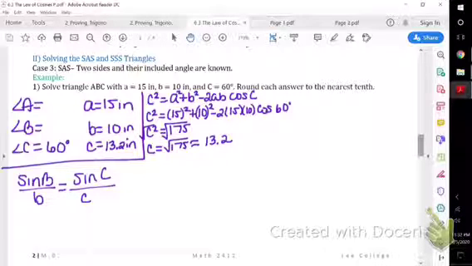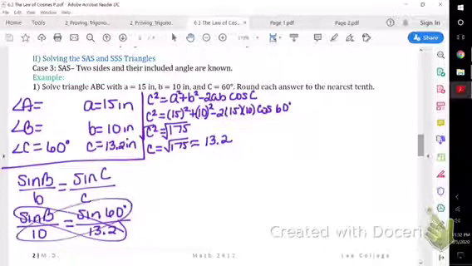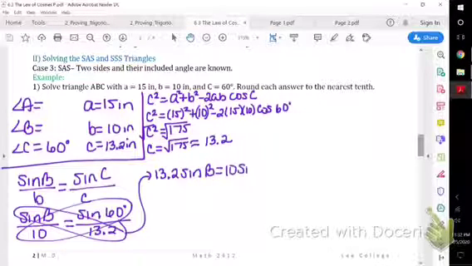So I'm just going to switch over here. I'm going to plug in what we know. We're looking for angle B. We know side B is 10 equals sine of angle C, which is 60 degrees, over side C, which is 13.2. So we're going to cross multiply and divide. So I've got 13.2 sine of angle B equals 10 times sine of 60 degrees.